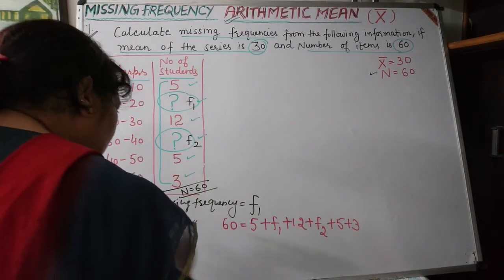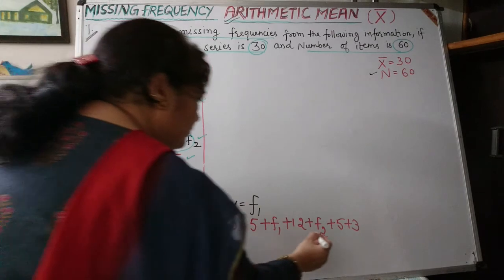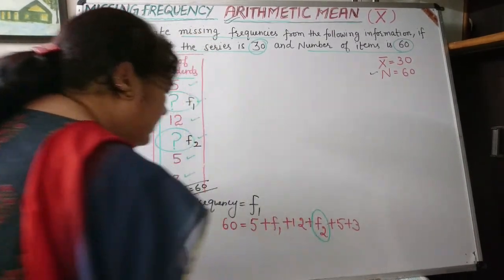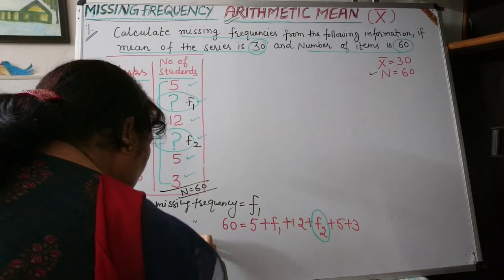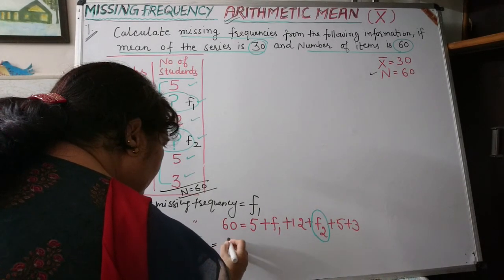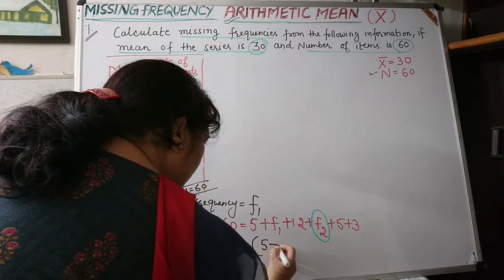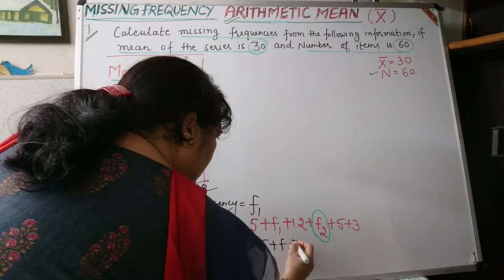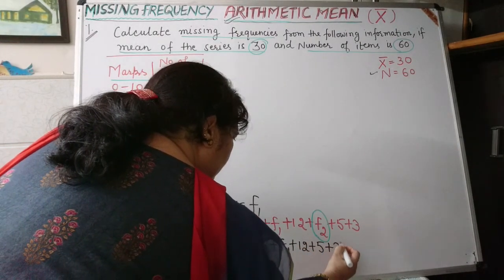From this I am finding out the value of F2, so I am writing F2 on the left hand side. F2 is equal to 60 minus (5 plus F1 plus 12 plus 5 plus 3).